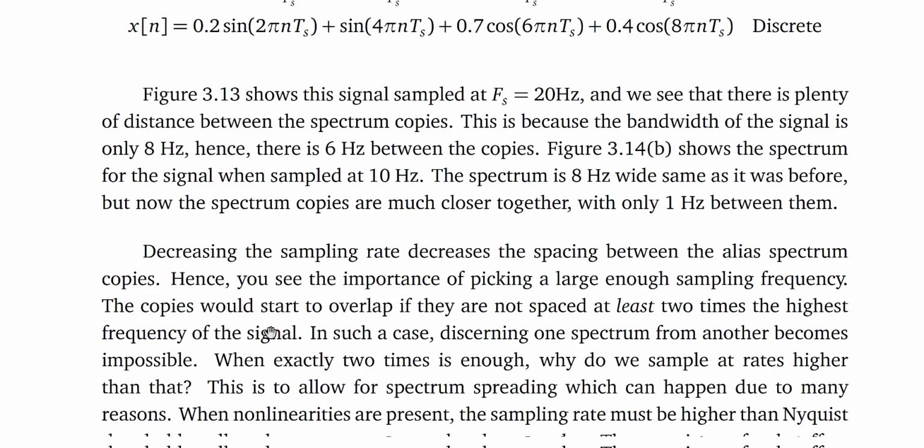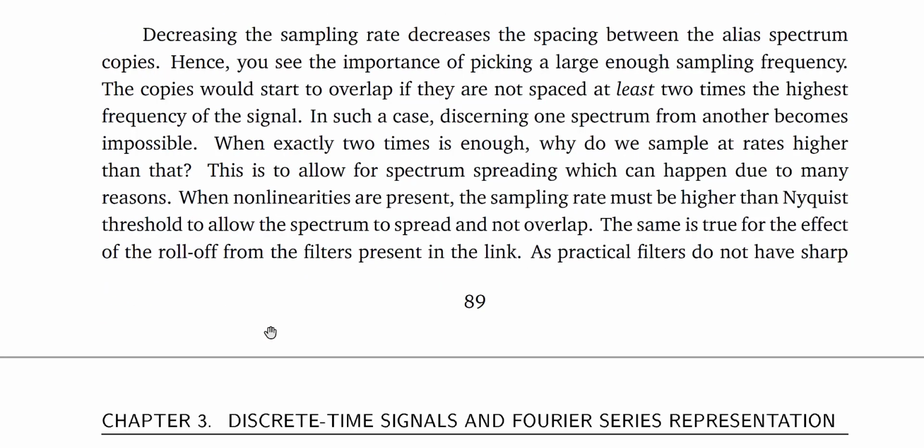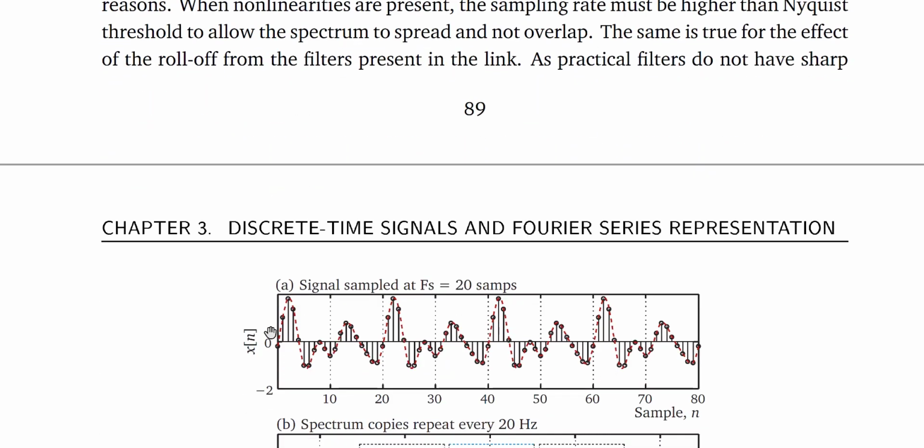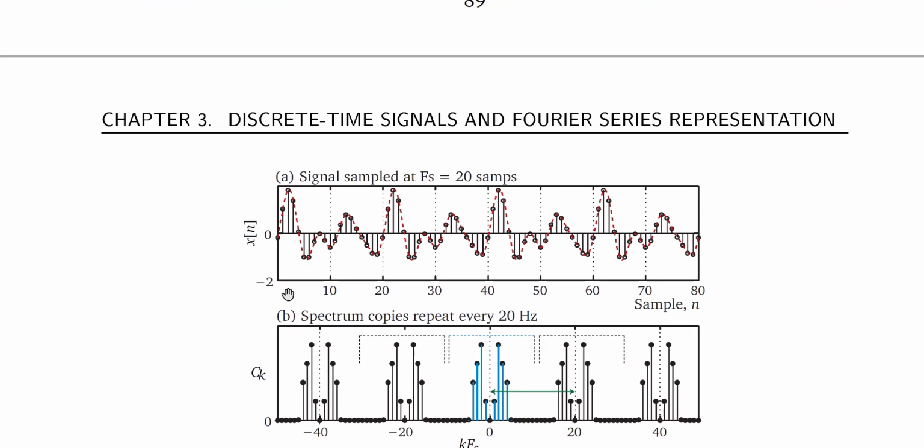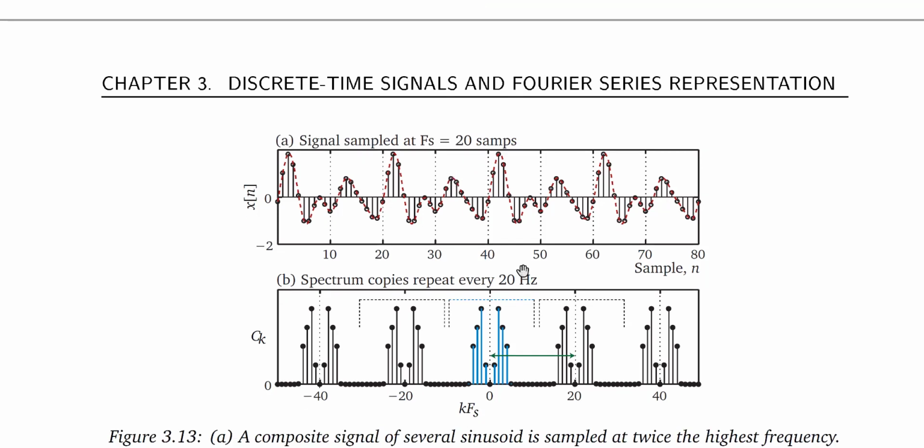All right, so now we take a look at our signal. Let's take the signal, and we sample it at 20 samples per second. And when we do the spectrum, we see this, and we'll talk about why we are repeating copies, but the spectrums repeat, and they repeat at the sampling frequency.